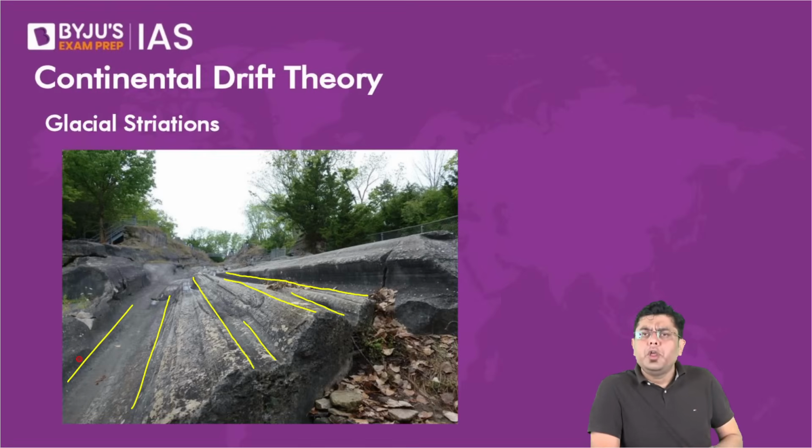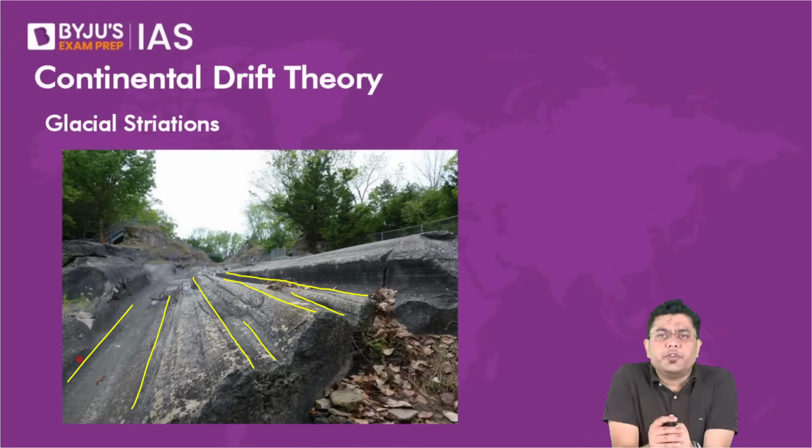Now, where did he find the evidences of glaciers? So he basically found the evidences of glaciers in those parts of the world where right now no icy regions or no glaciers exist at all. For example, geologists have found the evidences of glaciers significantly in the peninsular part of India.